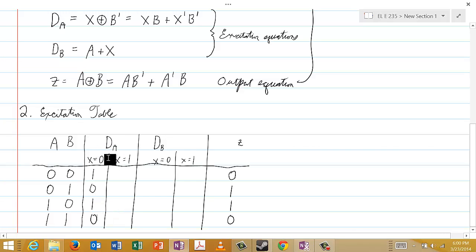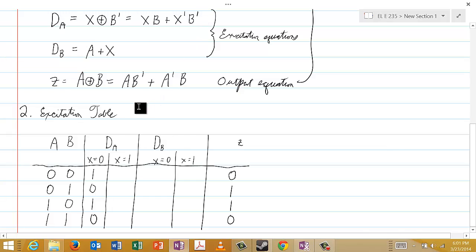Now, let's go over that again to make sure everybody followed it. The expression for D sub A is D sub A equals X ANDed with B, or X prime ANDed with B prime. Now, we're trying to fill in right now just the X equals 0 column. So when X is equal to 0, this first term drops out, and in the second term, since X is equal to 0, X prime is 1, and 1 ANDed with B prime is simply B prime.